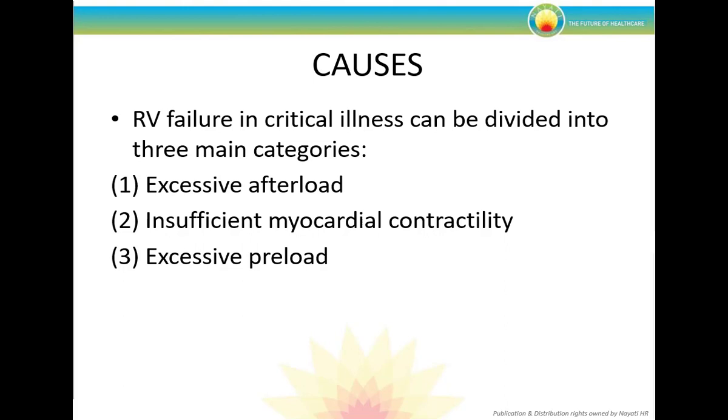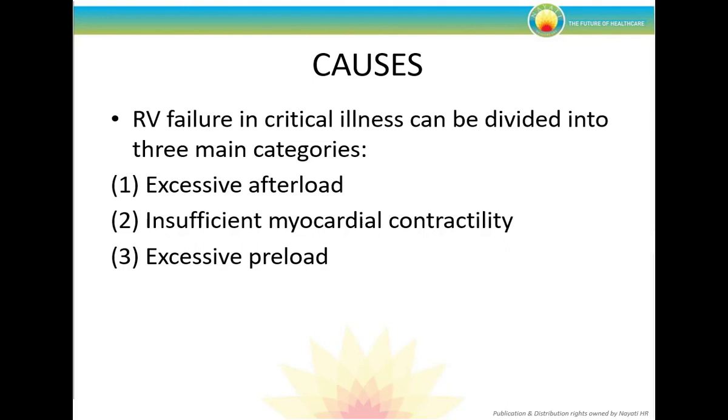So what are the common causes that we can think about? We can roughly divide them into causes that increase the afterload, causes that increase the preload, and causes that affect the contractility of the right ventricle. The causes that can increase the afterload are massive pulmonary embolism, acute cor pulmonale, or a patient with primary pulmonary hypertension who presents with sepsis.